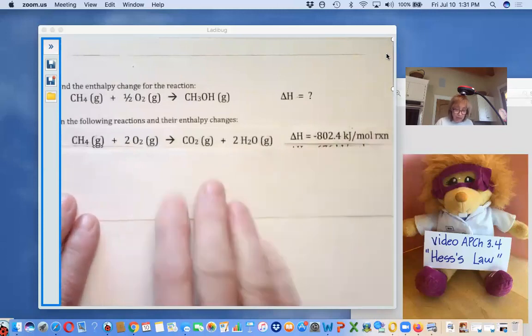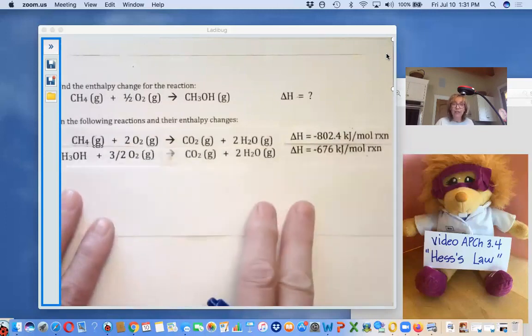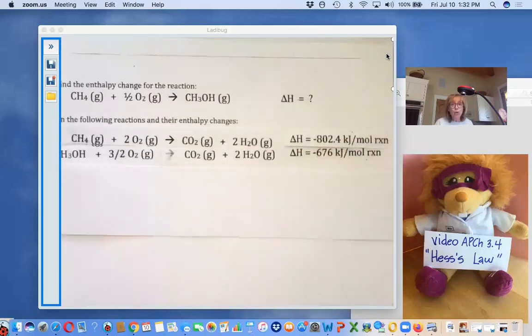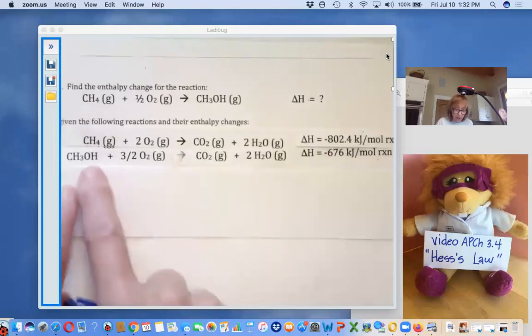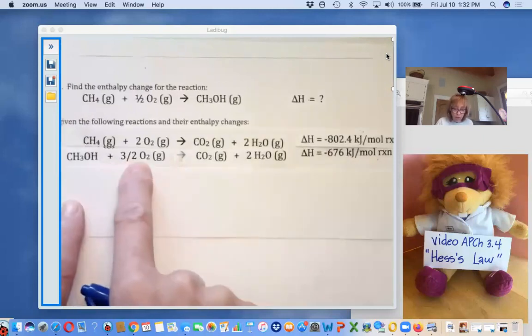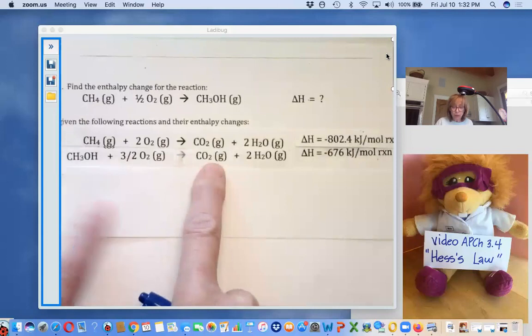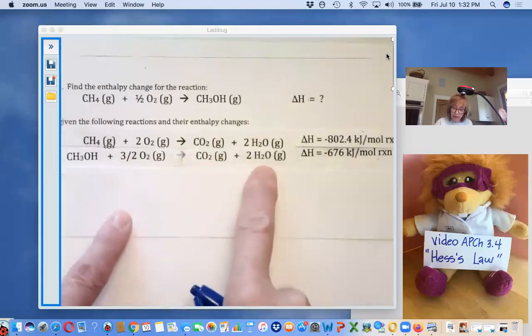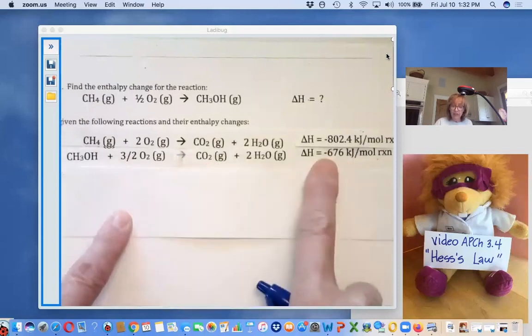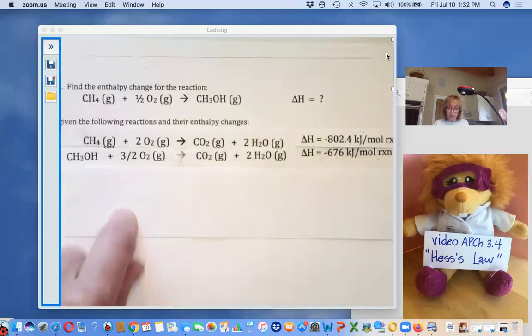And we also have, let's just say that we're getting these values from a reference book, methanol plus 3/2 mole oxygen yields CO2 and water vapor, and that process has a negative 676 enthalpy change.